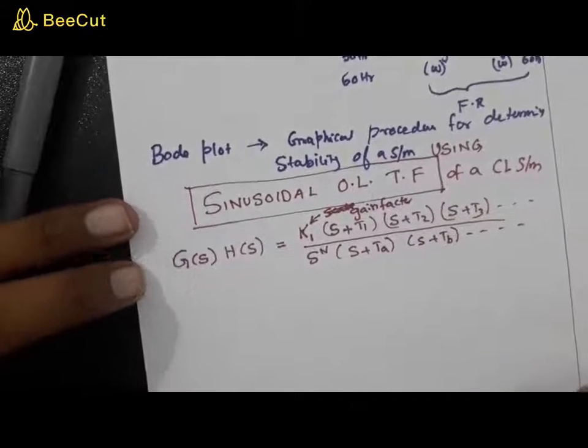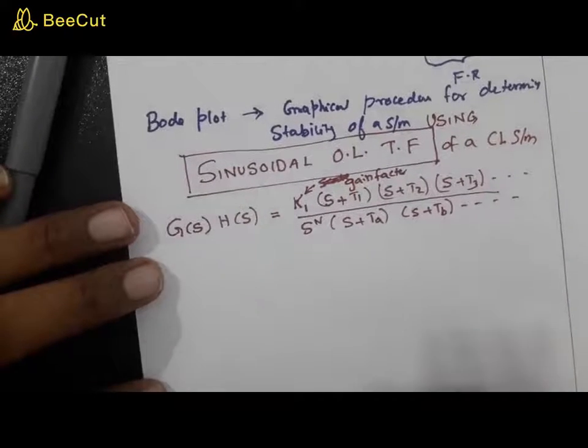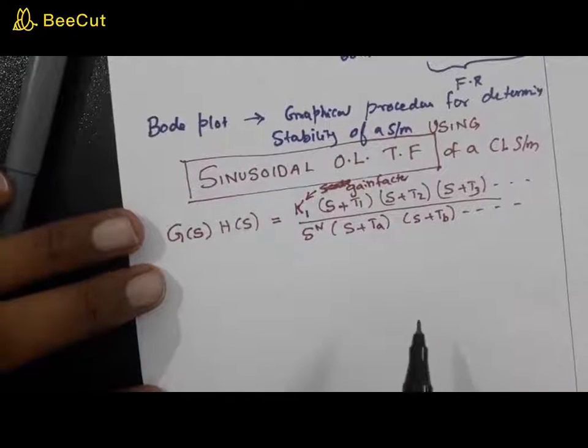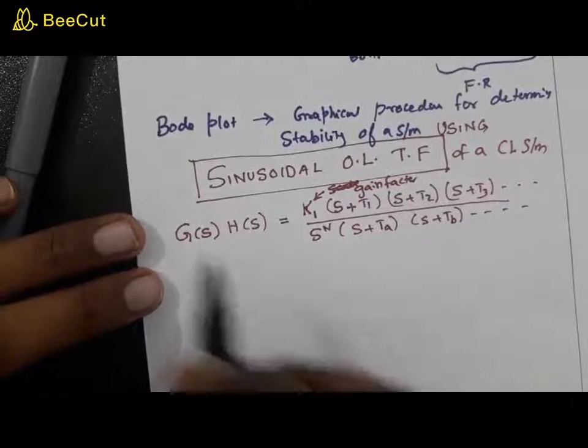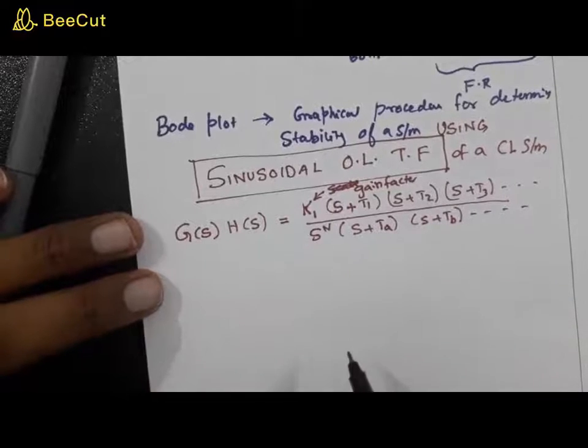Now this is your G(s)H(s). How do we get the sinusoidal open loop transfer function?